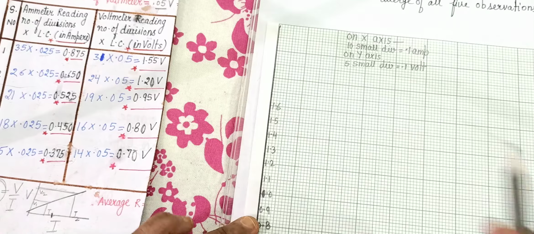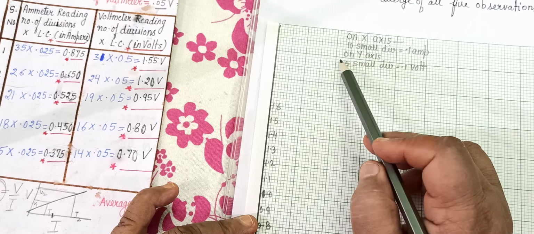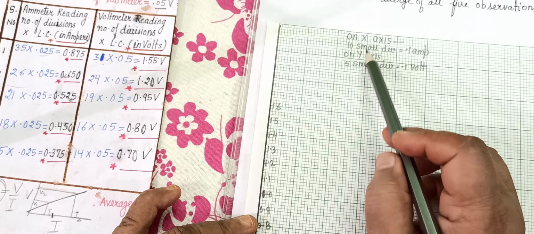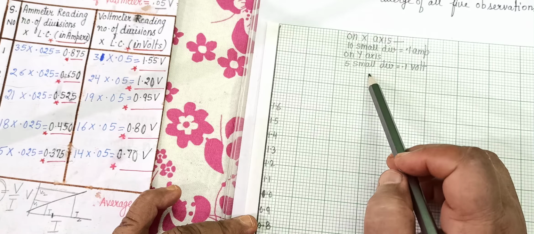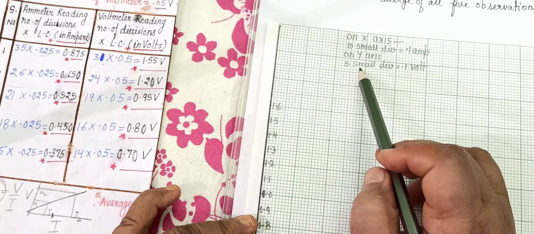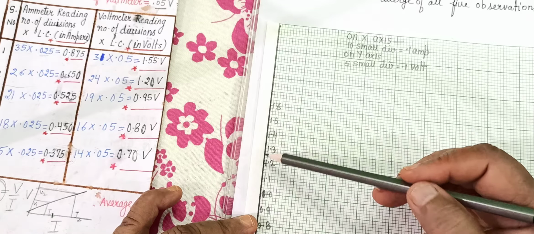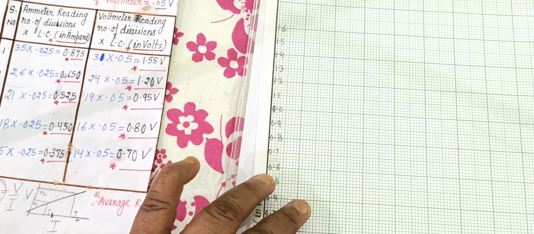We have taken the scale of 10 small divisions for 0.1 ampere on the x-axis, and 5 small divisions for 0.1 volt on the y-axis, as we earlier discussed that we are having problems plotting all the points if we take 10 small divisions here also. Now let me start plotting the points.